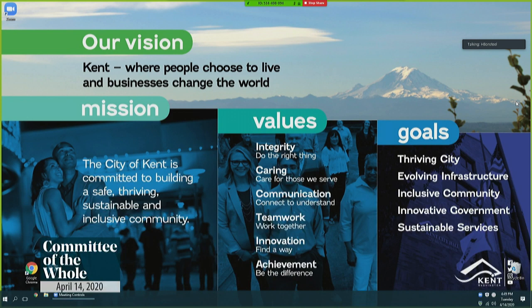But we also have an issue with rising incomes in the Kent Valley and very little housing stock that meets the standard 30% affordability threshold. So that is what that graph showed. Yeah, that is what I'm referring to. Maybe it might be nice to resend it out so we as council can take a look at that.